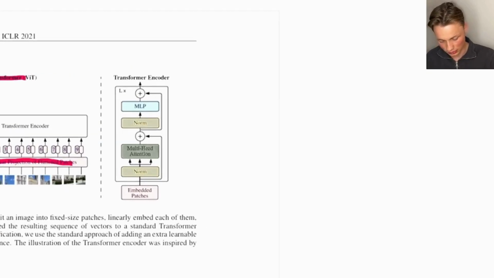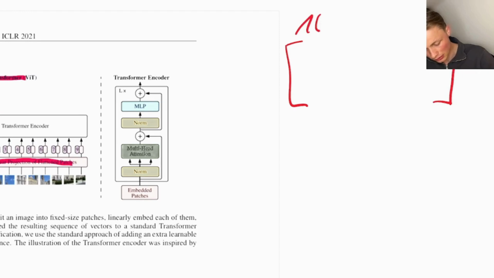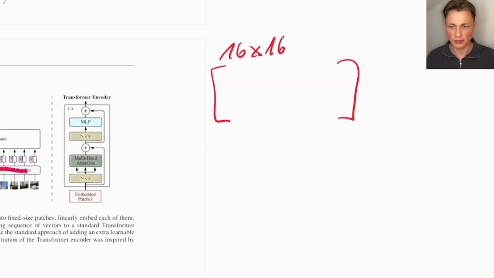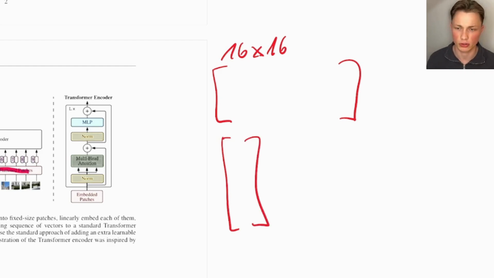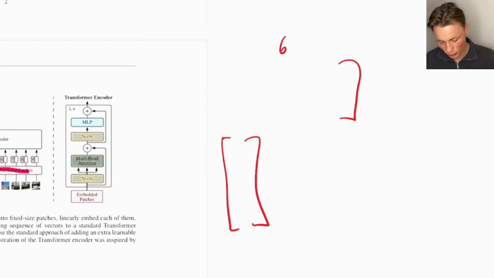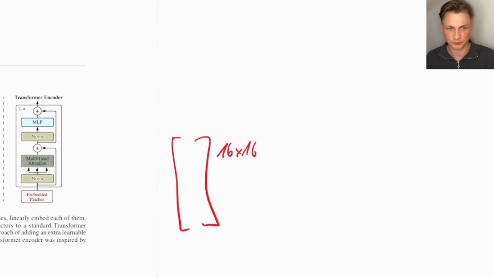Let's look at it here. We have our matrix of 16 by 16 pixels, and we now flatten this matrix into just a normal vector, and now we have a vector with a length of 16 times 16. So we can multiply this and then we get the length.